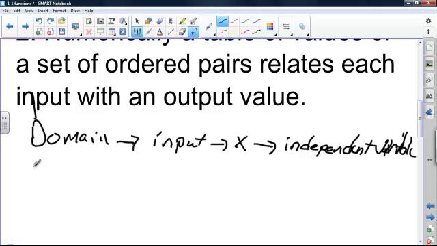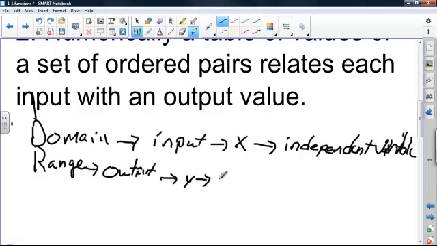Okay. Now, we've also talked about this range thing. Range, another name for range we said was output, also known as Y, and this is the dependent.